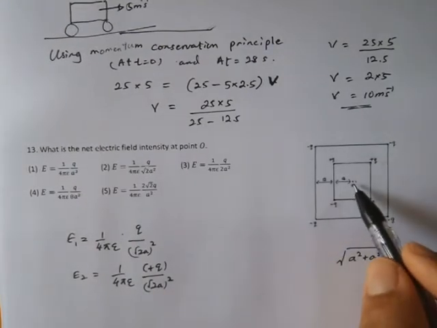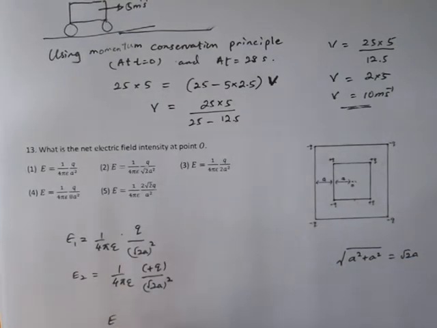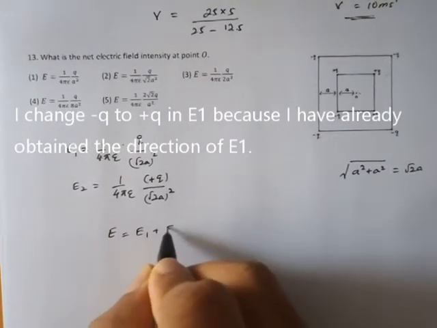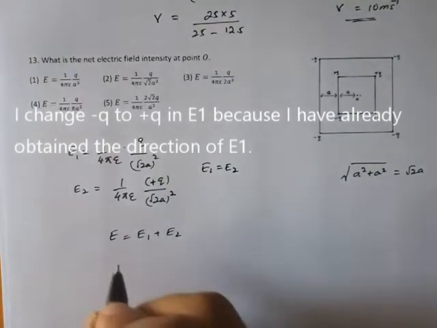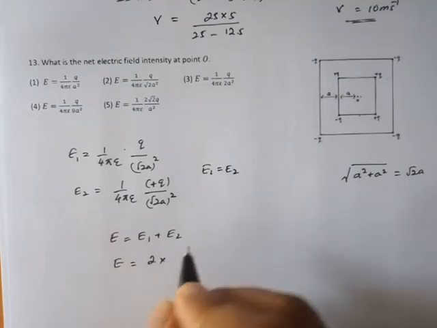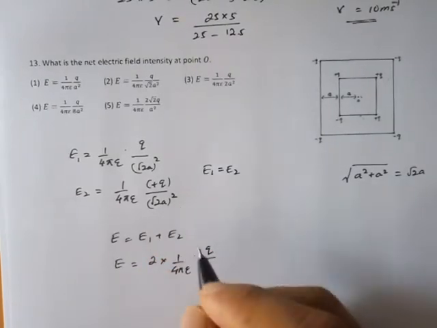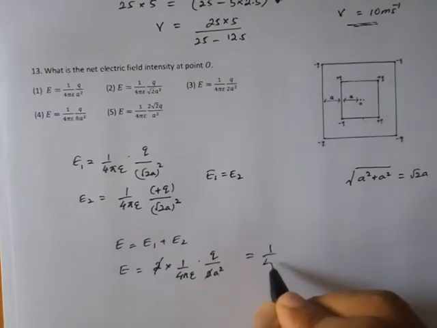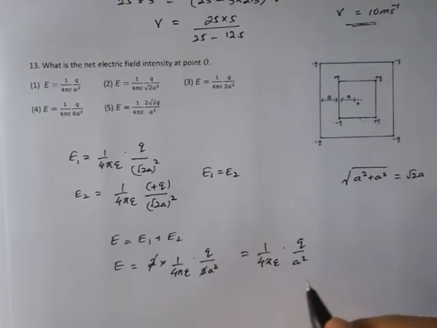So the net electric field is, both E1 and E2 acting in the same direction, so we can write net E is equal to E1 plus E2, and from these two you can see E1 is equal to E2. So I can write E is equal to twice the E1 value, so 2 into 1 over 4 pi epsilon, q over root 2a squared, which is 2a squared, so here 2 cancels off, so we get 1 over 4 pi epsilon, q over a squared. So the answer is the first one.